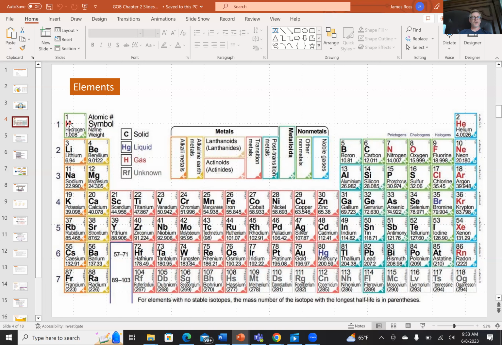And notice that each element has 2 numbers associated with it. The number that increases sequentially, 1 and 2, etc., and then another number which has decimals after it. More on this later, but there's basically 3 pieces of information: a symbol or a name, and then 2 numbers. But again, more on that later.